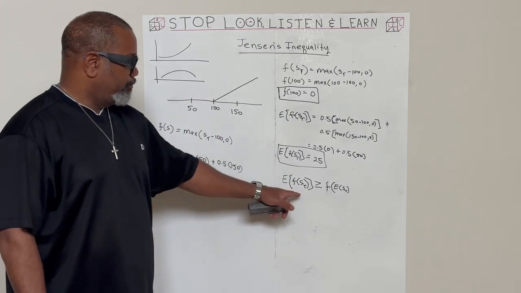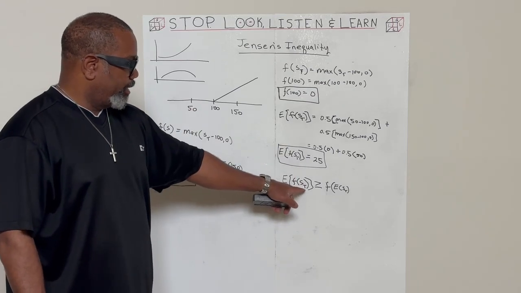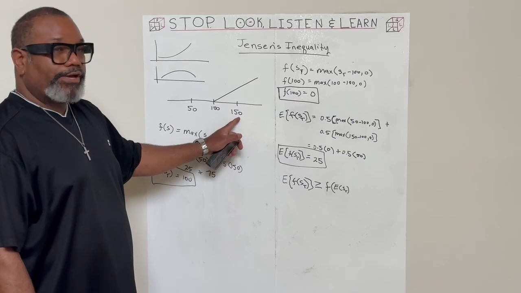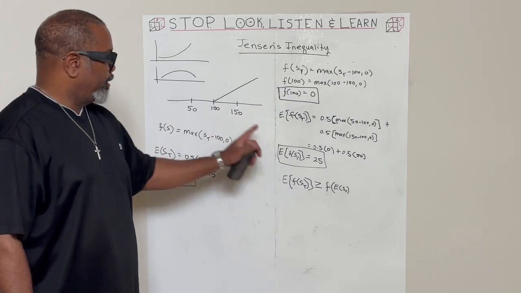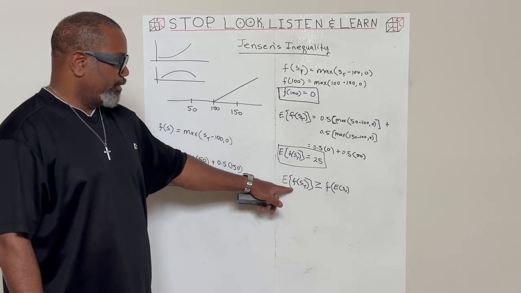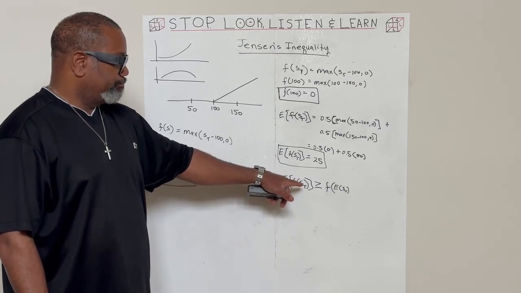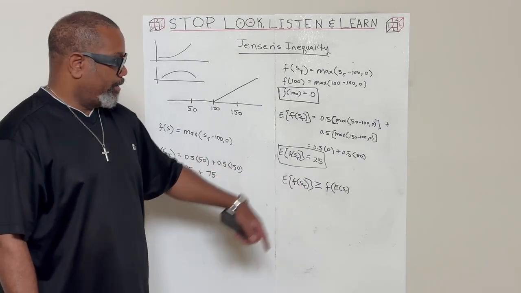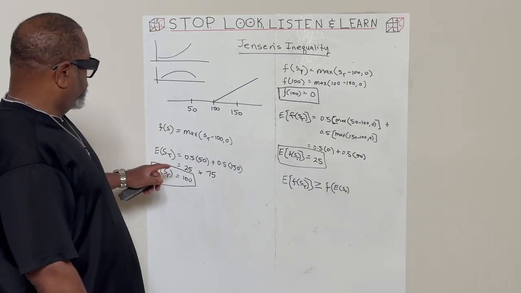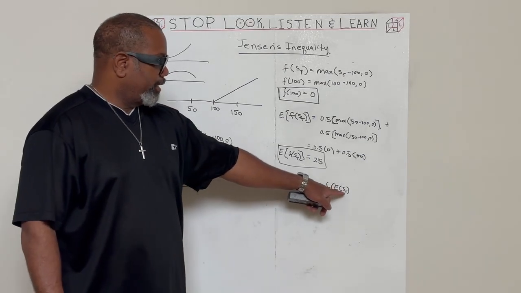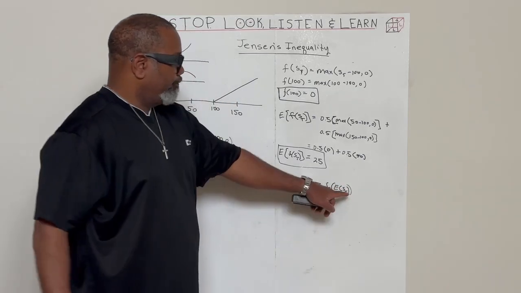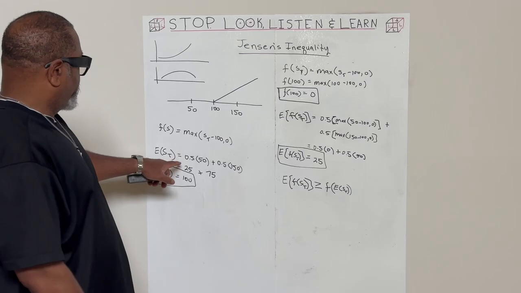Then you add to that the value of the function when s of t is 150, and you weight that value by the probability of s of t being 150, and you sum those, and you get the expected value of the function of that random variable. Whereas here, what you do is you determine what the expected value of the random variable is, and that's what we did here.